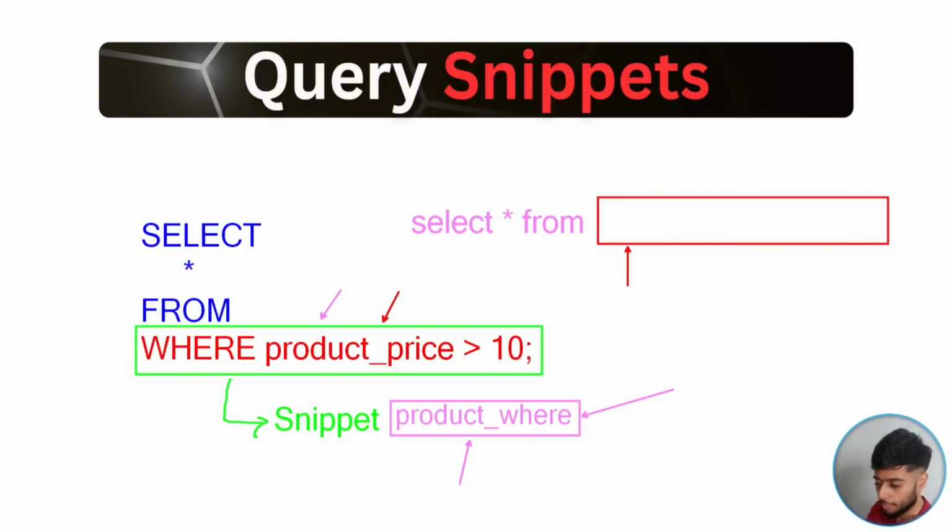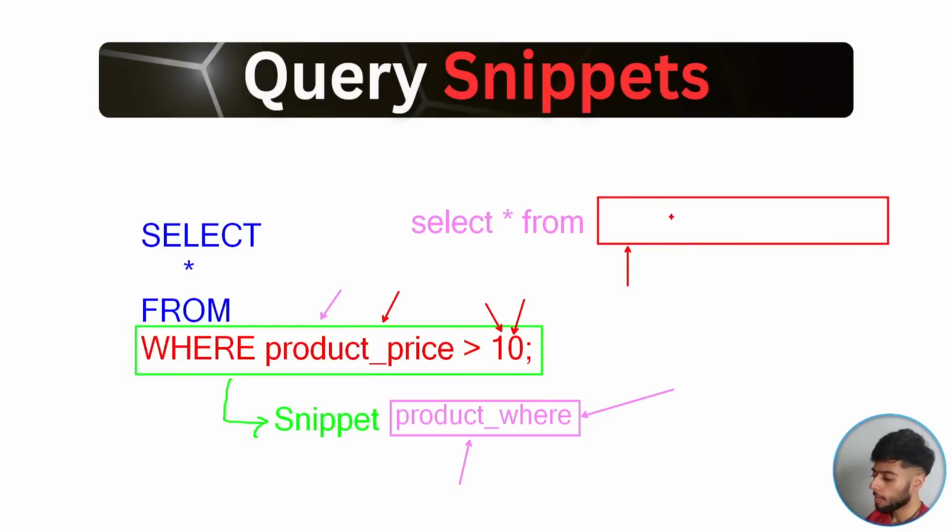Second thing, cherry on the cake. Now here comes the cherry. You will be saying, Ansh Lamba, I don't want to use 10 every time. Sometimes I want to use 20, 30, 40, 50, 100. You can create variables within the query snippet, and this is not actually a variable. This is a kind of placeholder that you can put within your snippet.